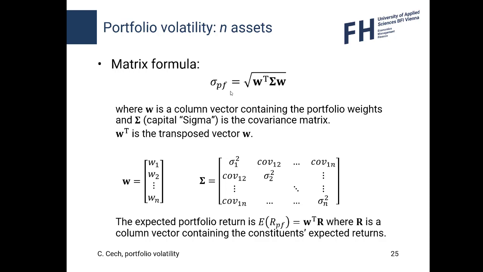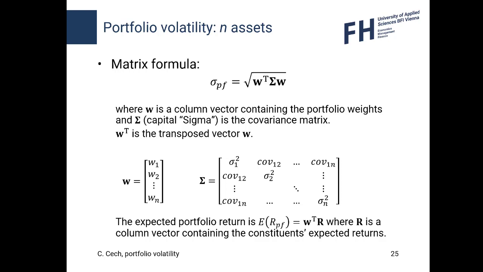The portfolio volatility is the square root of the transposed vector W, which contains the portfolio weights, times the covariance matrix times again the weight vector. You can see the weight vector depicted here, and you can see here the covariance matrix.